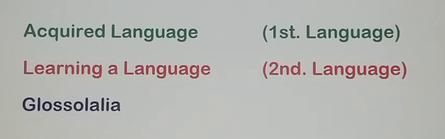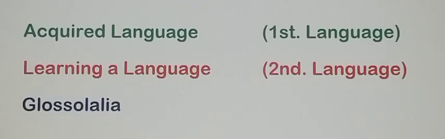So once again, I would like to repeat what is acquired language. Acquired language is the basic language or the first language which we learn from our parents. And learning a language is also called second language. When we learn a language other than our real language, this comes in the orbit of learning a language.